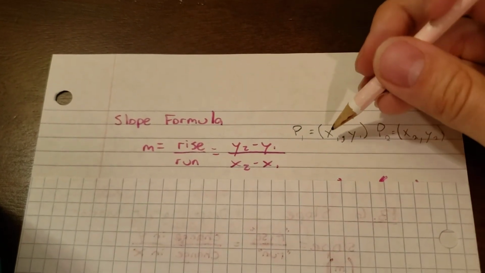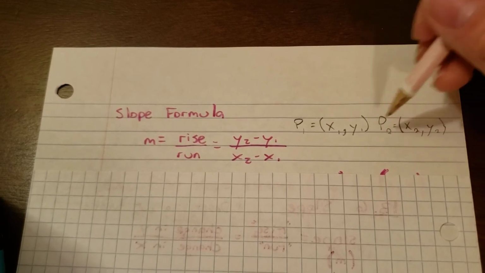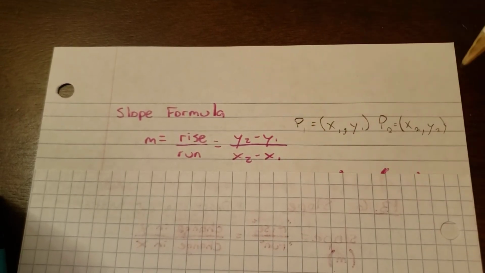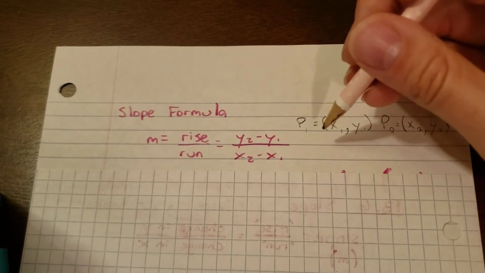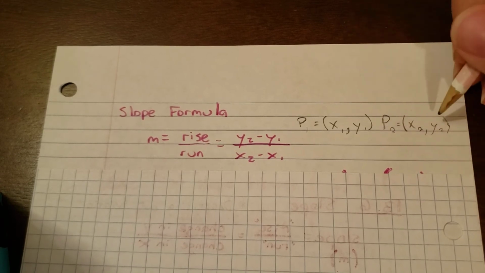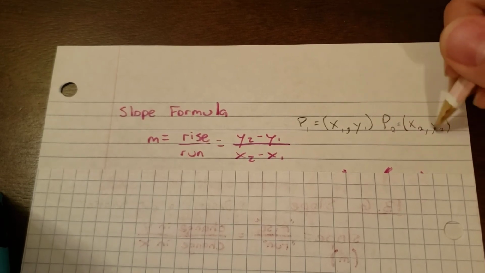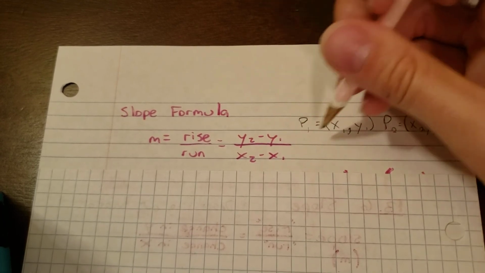Okay, so I'm going to take y2, and it doesn't really matter which point you choose as point 1 or 2. As long as you stay consistent, you don't pick this y and then this x to be in the same point. That wouldn't work out. So I'm going to take this y, subtract that, and then this x, subtract that.